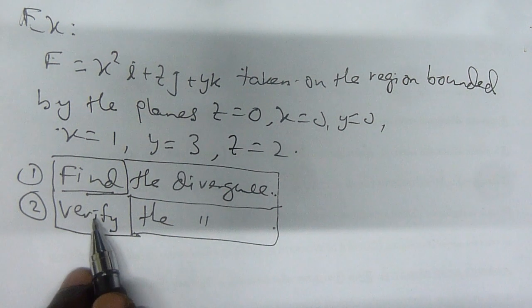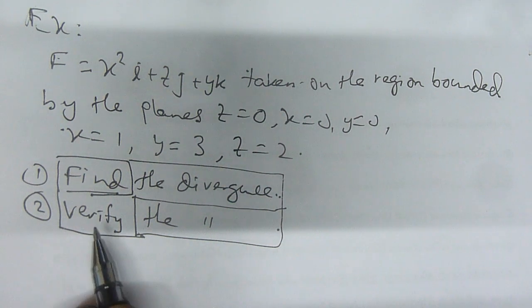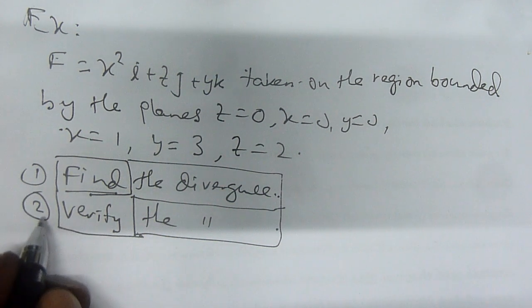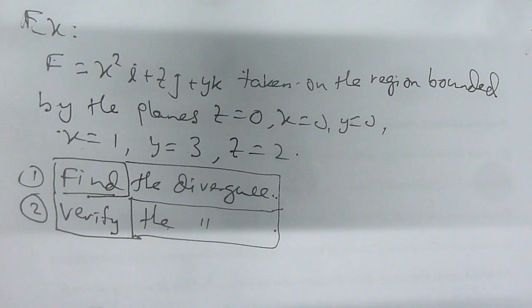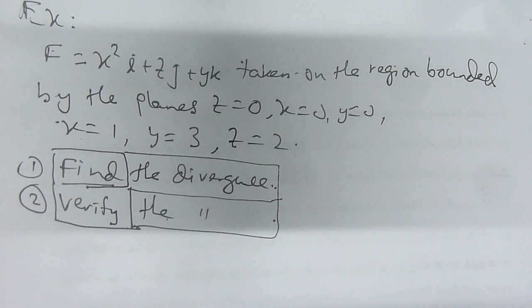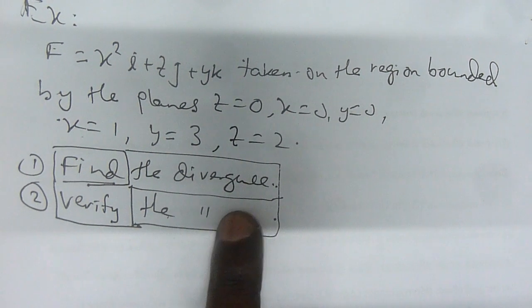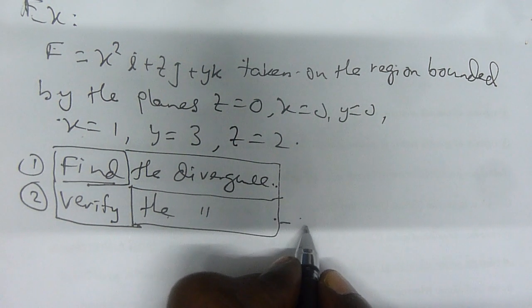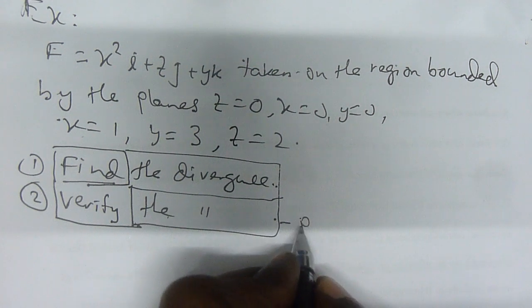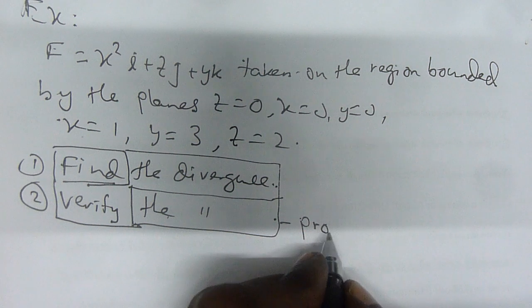If they ask find the divergence, sorry, maybe I'll start with the second one. Suppose I need to put it on the top. There will be only two types of question. Once they ask you to verify the divergence, this means you need to give a proof. You need to work on the proving method.